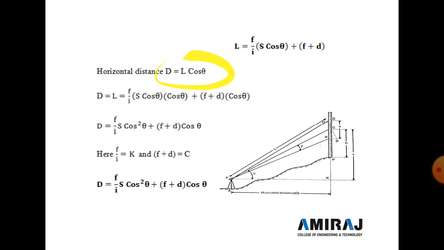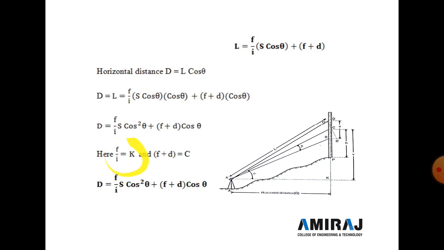The entire L value is put in the equation, and then we find the horizontal distance D value. So D is equal to f upon i S cos square theta, because f upon i S cos theta times cos theta is cos square theta, plus f plus d cos theta.